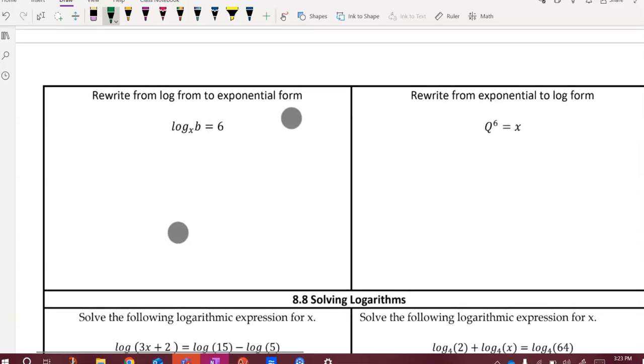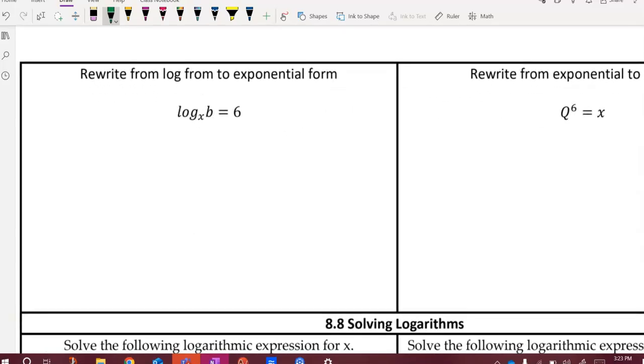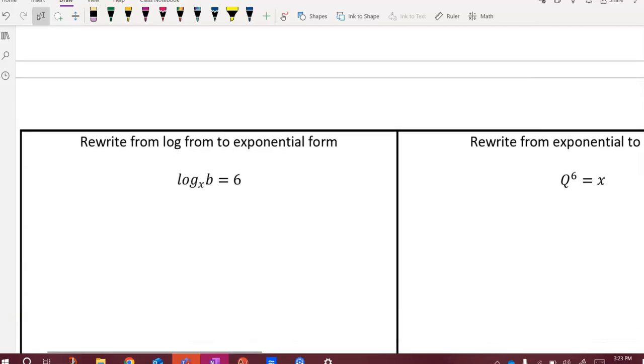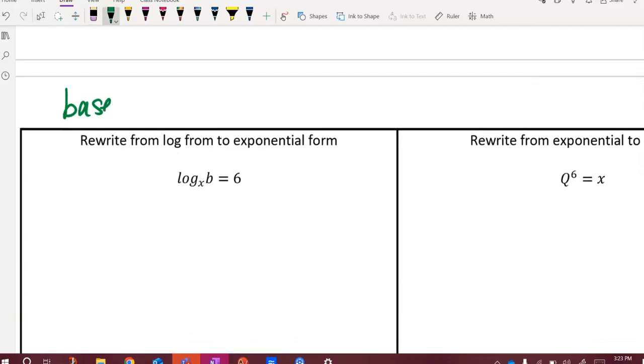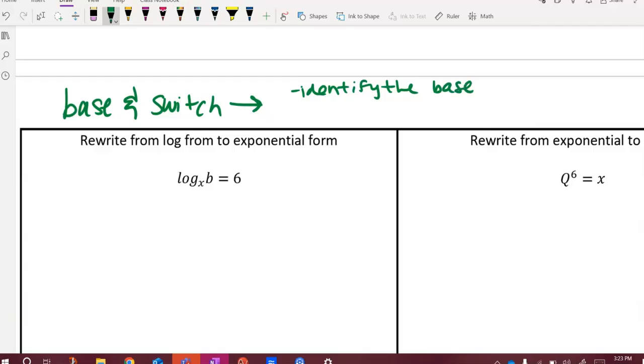All right, now we need to rewrite these from log to exponential. So here we use the base and switch. And base and switch says we identify the base. So the base is going to become the base.